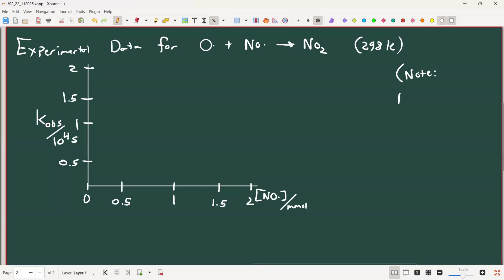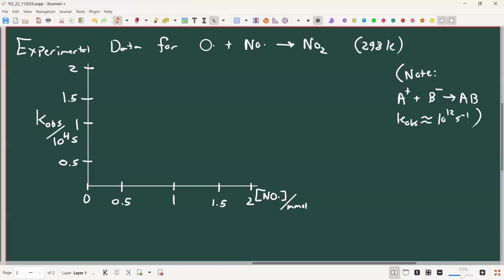If you take A plus and B minus and form AB, the observed rate you see for all of these is around 10 to the 12 per second, it turns out. It's always about 10 to the 12. There's actually a really interesting way you can derive that. But ion reactions have kind of a fixed rate. And so ions will interact very, very quickly. You'll make 10 to the 12 molecules every second.